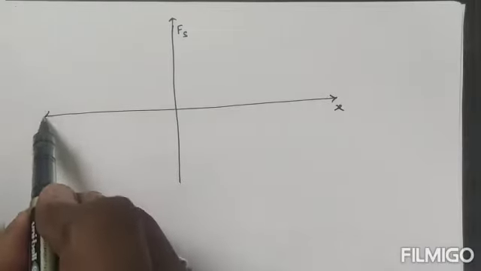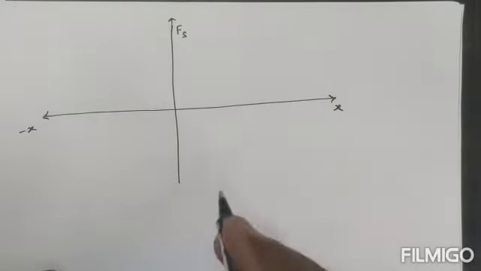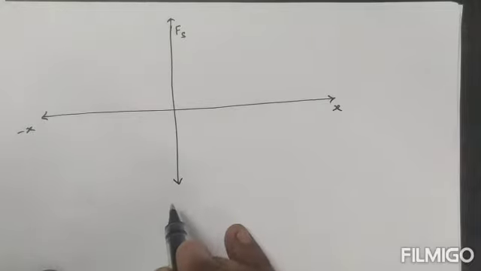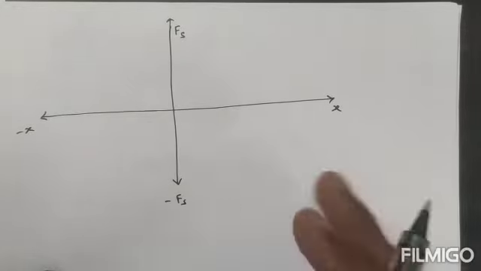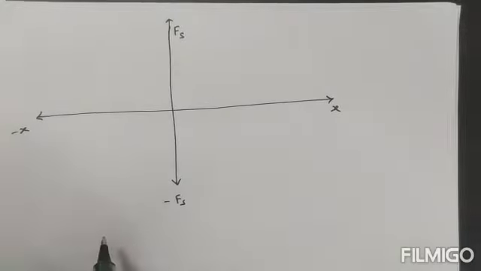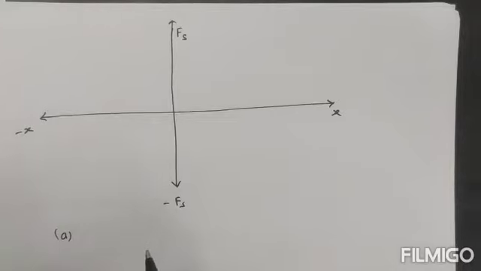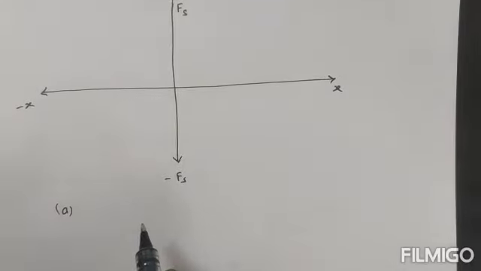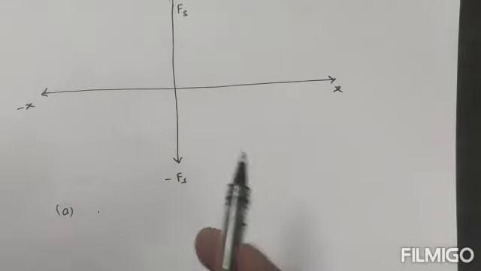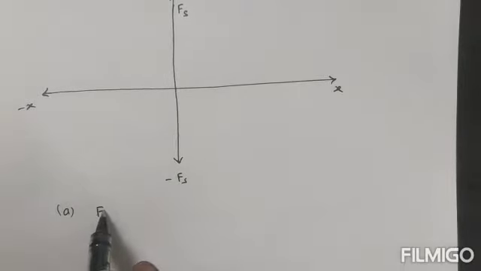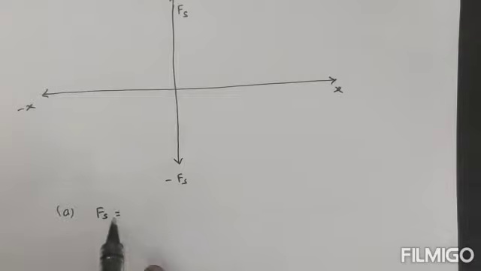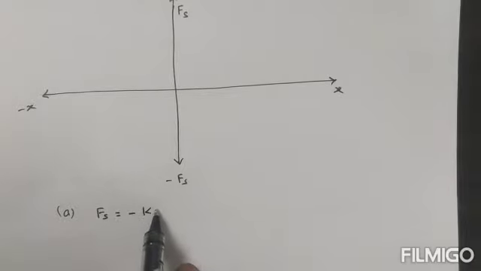So here it's minus x, here it is minus fs. From the A diagram, in the A diagram it is maintained in equilibrium position. Anyhow, the relation between f and x is fs equal to minus kx.